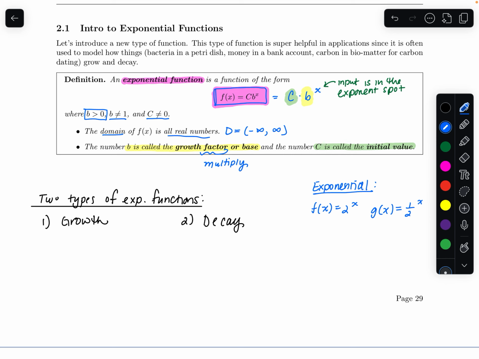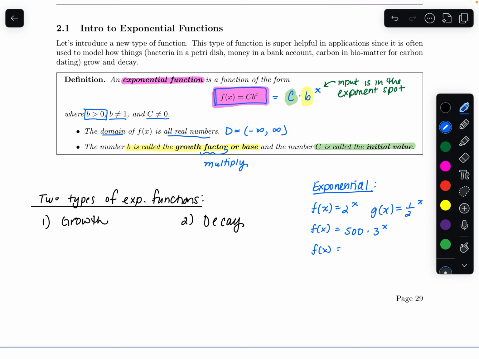We can get a little bit more creative than this though, right? So we can have another function. We won't get creative with the names. We could have an initial value of 500, and then maybe we're tripling our inputs every time, right? And then these values, they don't have to be whole numbers. They don't have to be fractions. They could be decimals, as long as they meet the restrictions where the base is bigger than 0 and not equal to 1, stuff that we talked about.